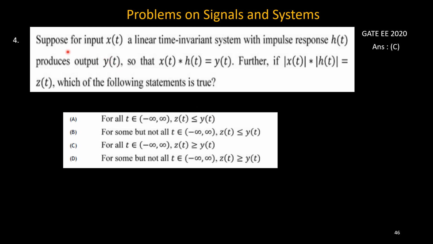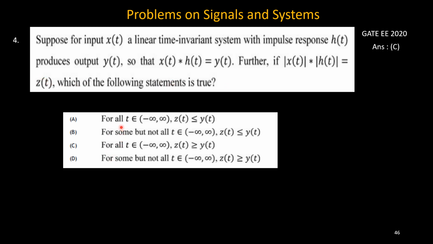Now suppose for this problem it is given that, for input x of t to a linear time invariant system with impulse response h of t, it produces output y of t, and y of t is a convolution between x of t and h of t. Further, if mod of x of t convolution mod of h of t is z of t, then which one is true?